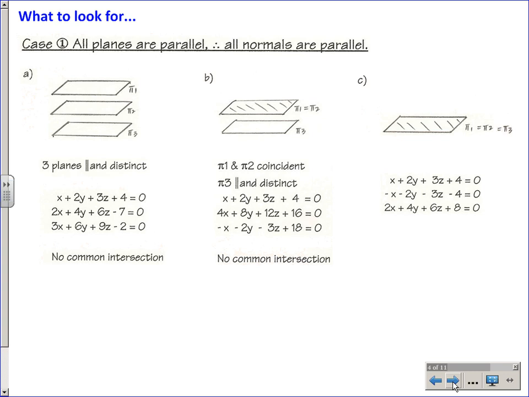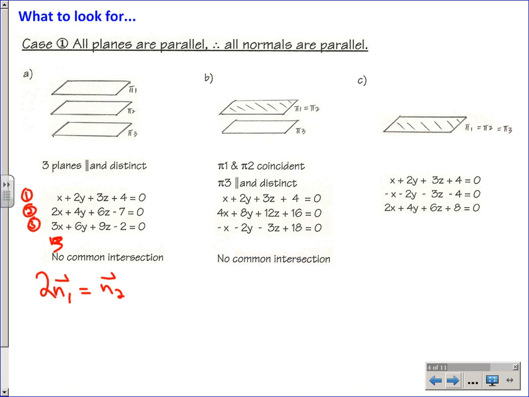So in this first case, you've got equation 1, equation 2, and equation 3. And I'm going to label that. It's going to help to call different things equations 1, 2, and 3. But what you'll notice is if I multiply the n value, right, let me put it down here, the normal vector from plane 1, if I multiply that by 2, that gives me the normal vector for the second plane.